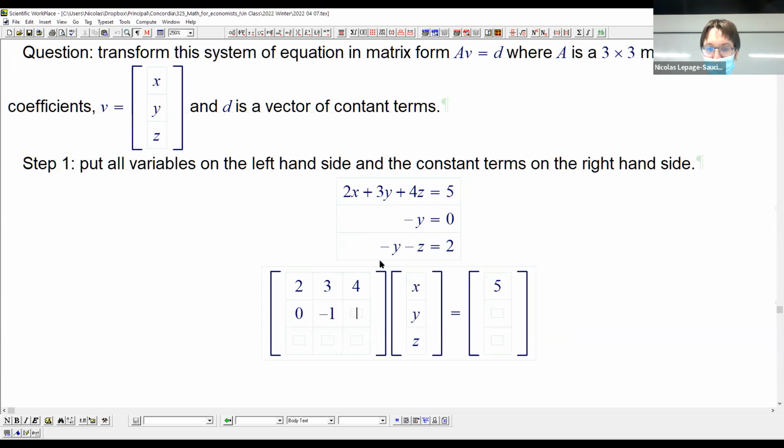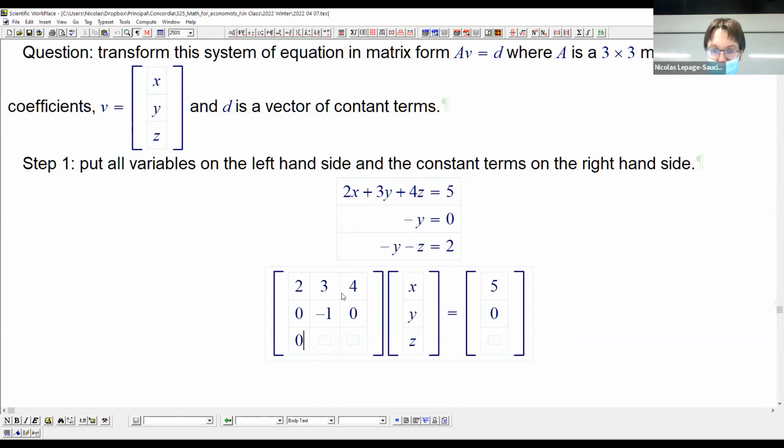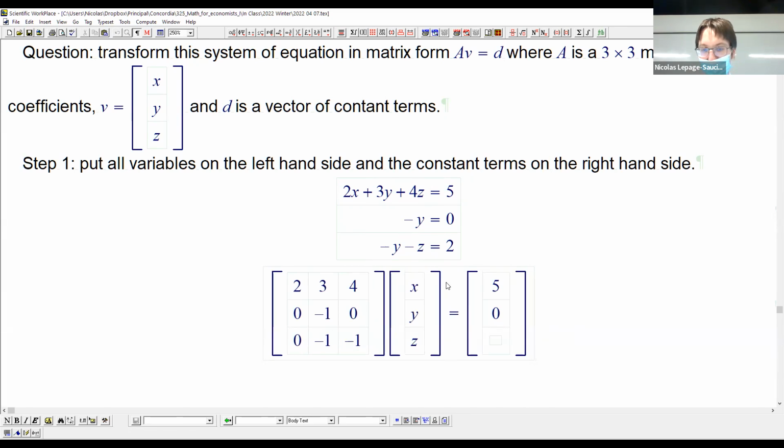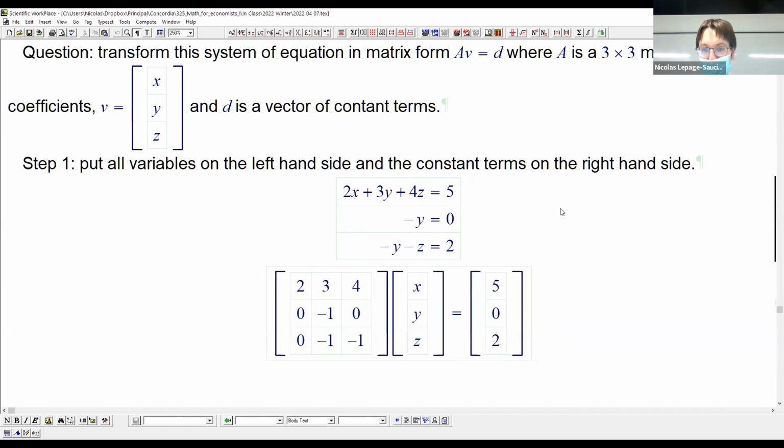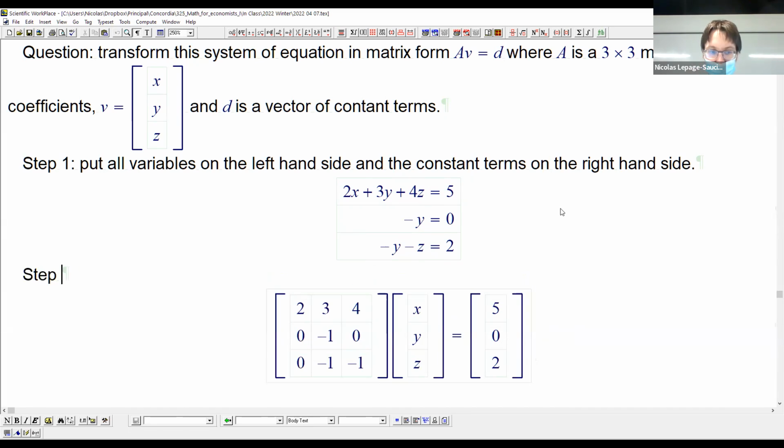Then z is 0, and this is equal to 0. And then 0, minus 1, equals to... or build the matrices.